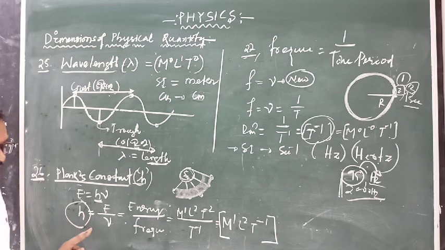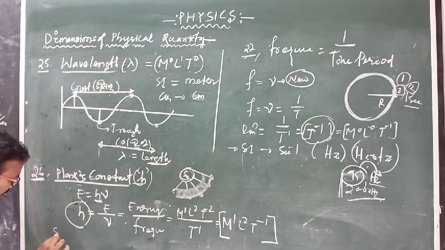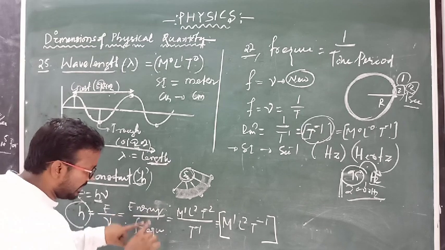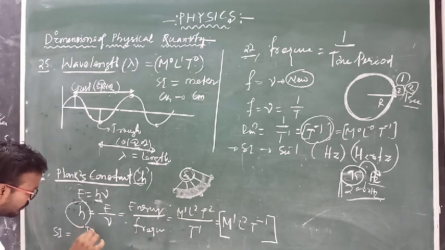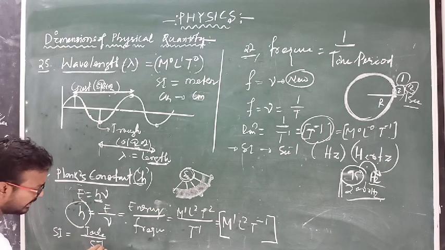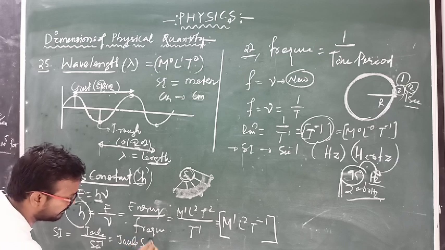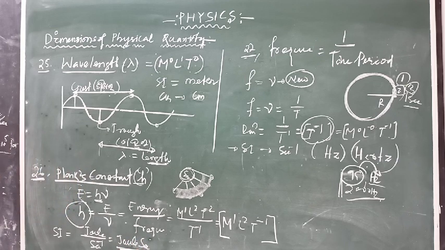It is represented by h. Clear? If you want to write the SI unit of the Planck constant h, energy by frequency, you can write joule per second inverse, or joule second is the SI unit.